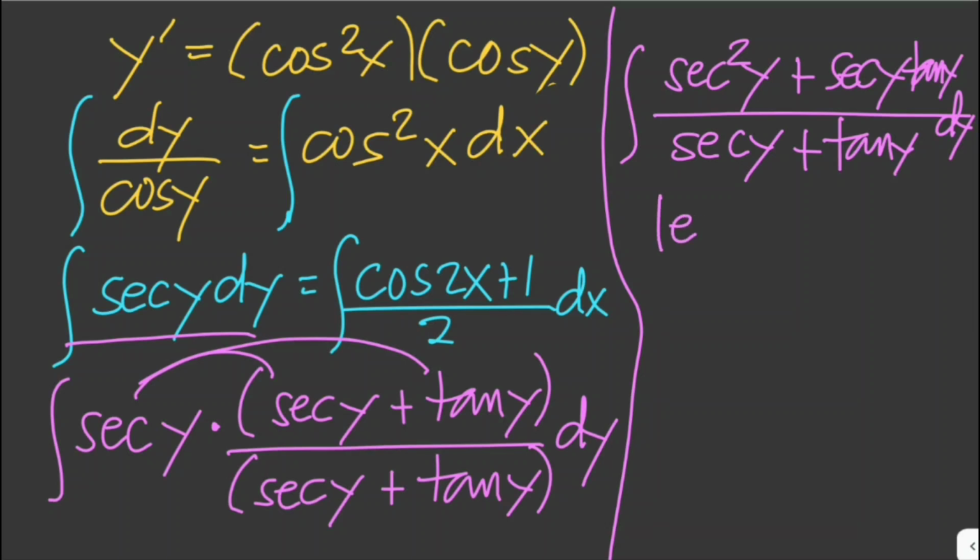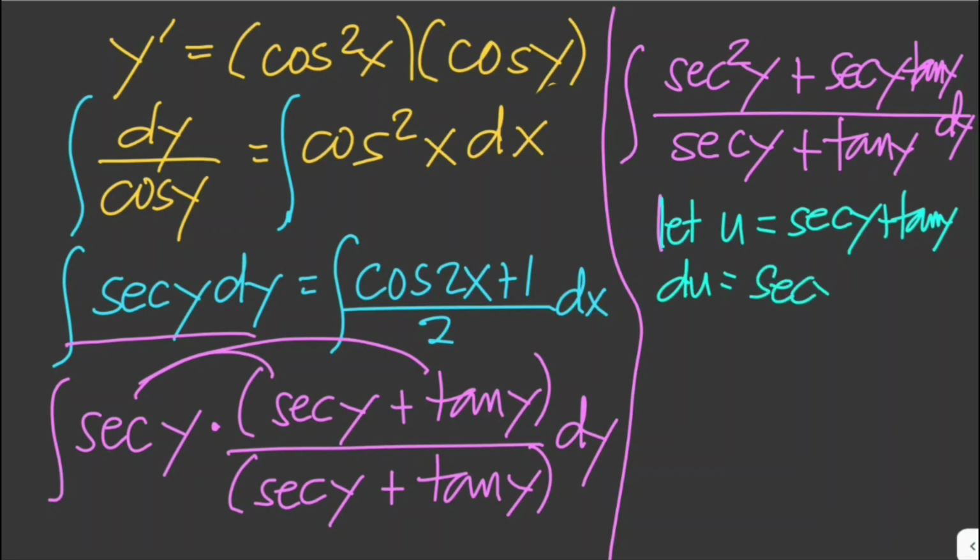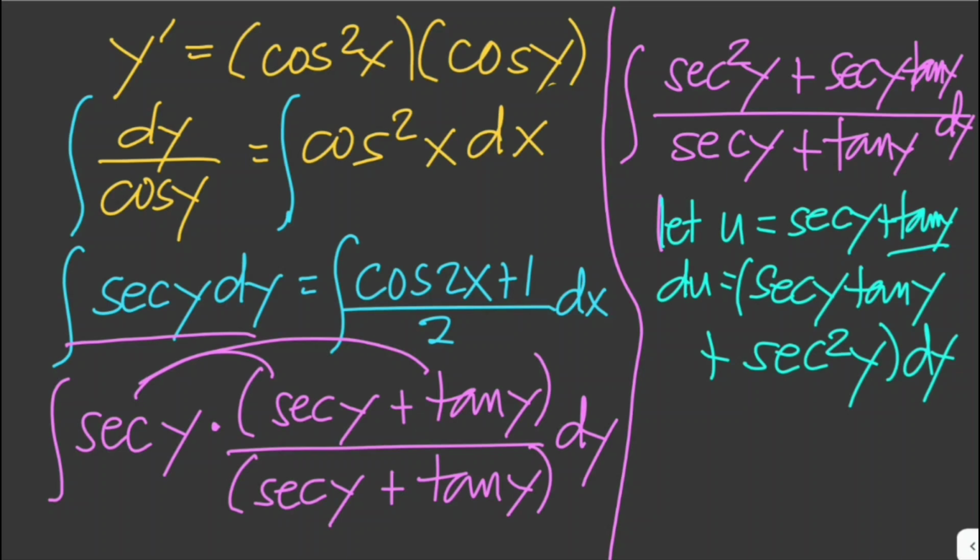We let u equal secant y plus tangent y, and du is equal to the derivative of secant y plus tangent y. The derivative of secant y is secant y tangent y, plus the derivative of tangent y, which is secant squared y, then dy.